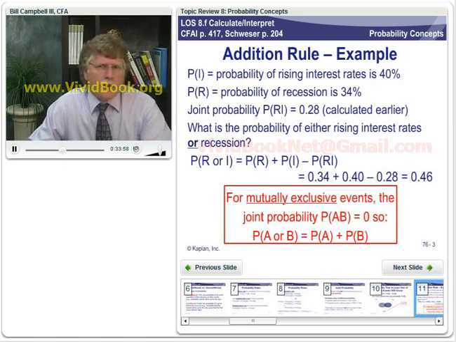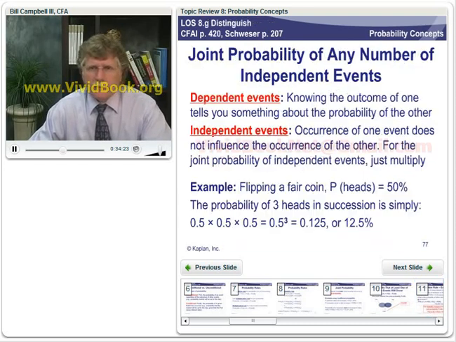I'm not sure that if I were taking this test, I would bother to memorize one more formula because I already know that the probability of A and B is equal to 0. And so if I had to do this calculation and at the end subtract 0, I think I'm okay with that, and I'd rather not have to burden my brain with one extra formula. But if this helps you visualize it and you've got room in your brain to fit it in, by all means, memorize it.